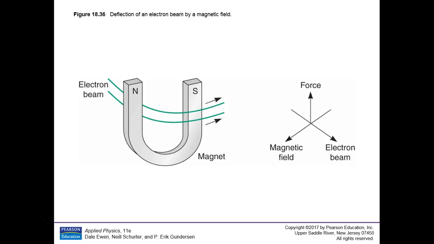Okay, I'll just leave it like that. I was going to talk about directions, but that probably isn't all that important. Here is the key that they use for this. If the magnetic field, say, is in that direction, the electron beam in this direction. Okay, now look at the field here. The field always goes from north to south, right? So the magnetic field is in this direction, north to south.